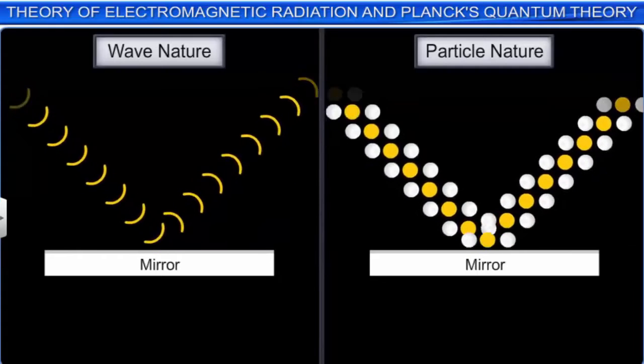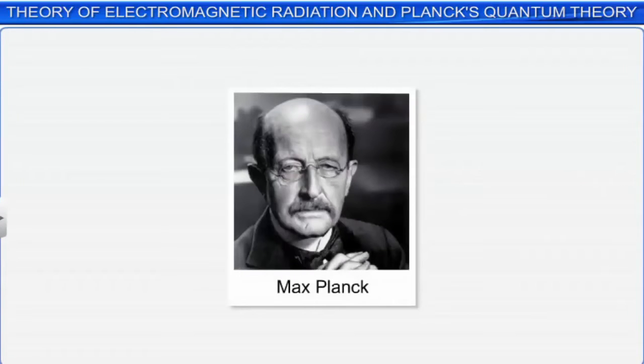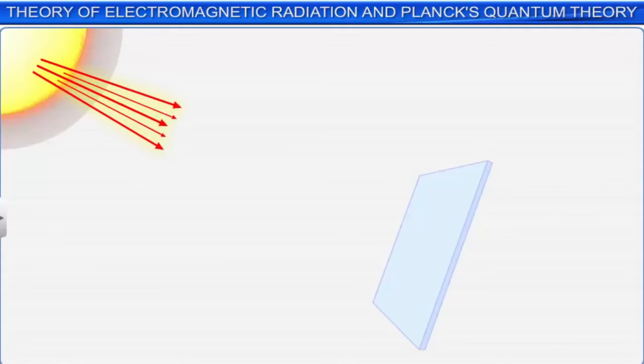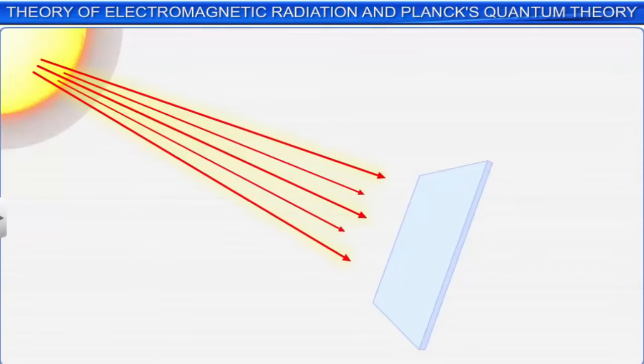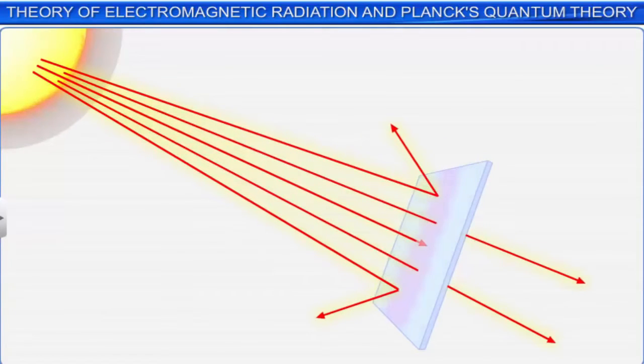Let us understand the phenomenon of black body radiation, which was given by Max Planck in 1900. In general, when radiation strikes any surface of a body, part of it is reflected, part of it is absorbed, and part of it is transmitted.